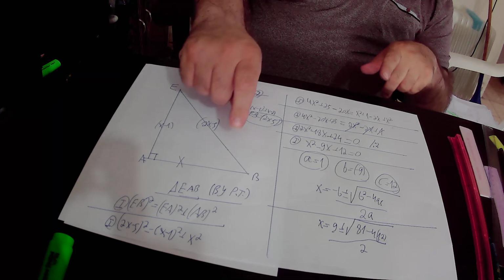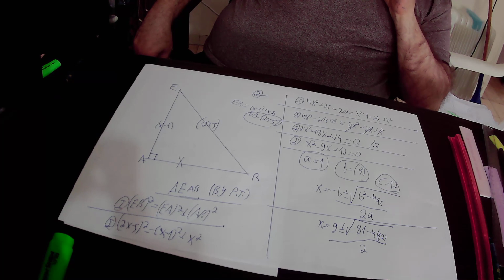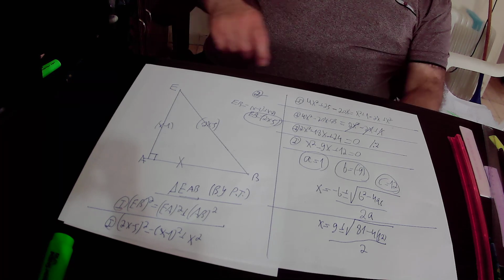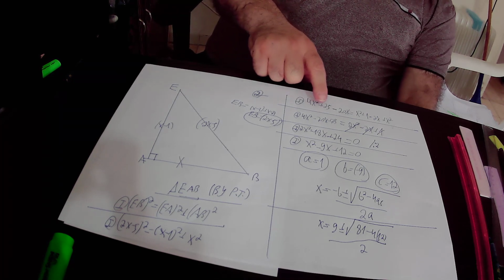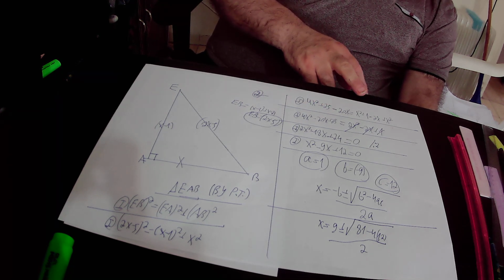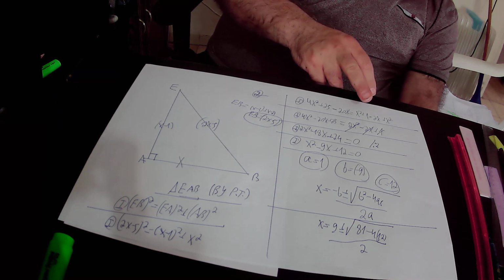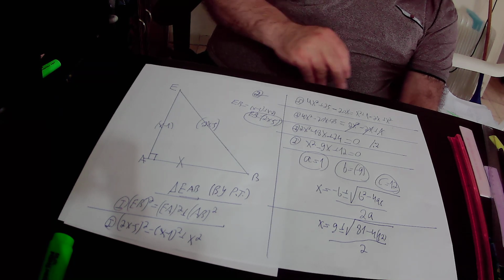So on this side of equation number 1, we have 4X squared minus 20X plus 25. On the other side, we have X squared plus X squared is 2X squared, minus 2X plus 1.